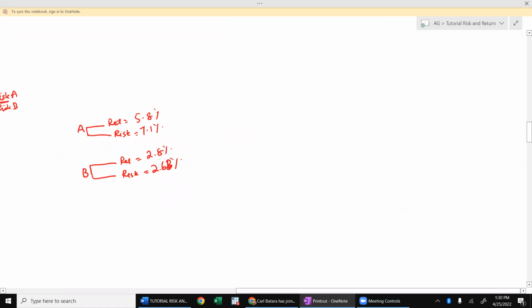So if I make a portfolio, I am combining A plus B. And the purpose of making this portfolio, as you remember, is to reduce the risk. So which one has the highest risk?